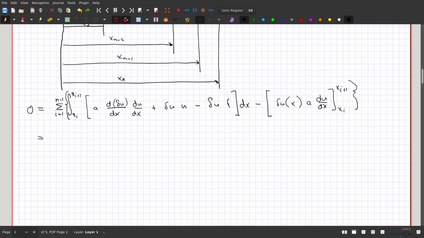And then I can move the summation inside the integral without changing anything. So if I move it inside the integral and then I write out the terms explicitly, that's what I'm going to do next.